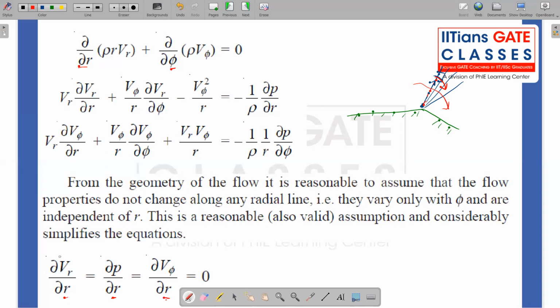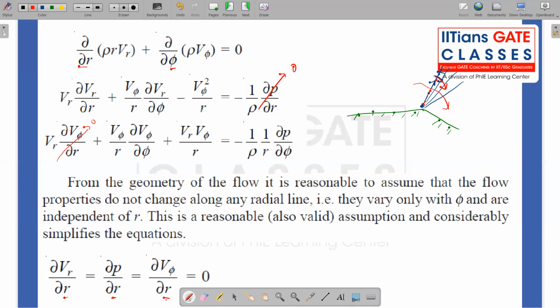That means dou VR by dou r, dou P by dou r, dou V phi by dou r, all these variables which are differentiated with respect to r are going to be 0. They are not varying. So I can put this as 0. If I expand this one, dou VR by dou r is going to be nullified, and even dou V phi by dou r is going to be 0. That part we are going to see now.